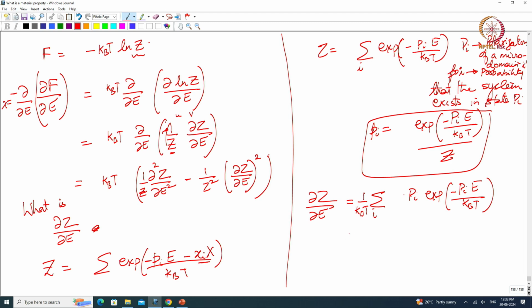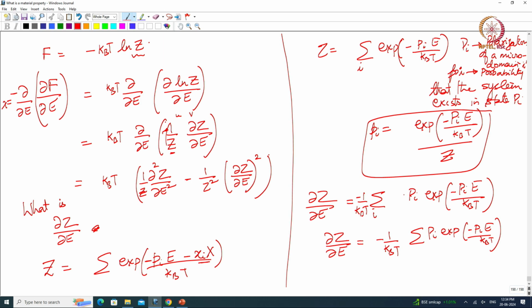And then there is a minus, is it? Okay, we will see what that is. So, ∂Z/∂E is essentially minus 1 by kBT, sum of Pi exponential minus Pi_i E by kBT.